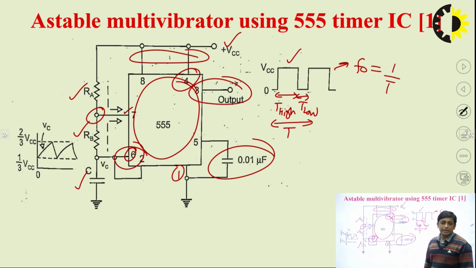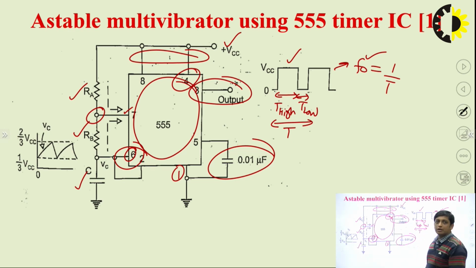So ultimately we need to find out the value of T high and T low. If we can calculate the value of T high and T low, then just by adding T high and T low we can get the value of T. Once we get time period T, we can calculate F0.